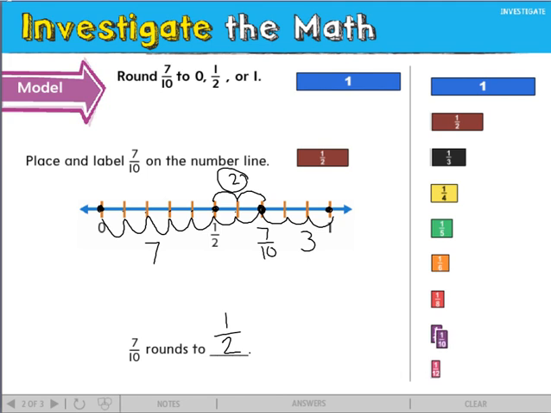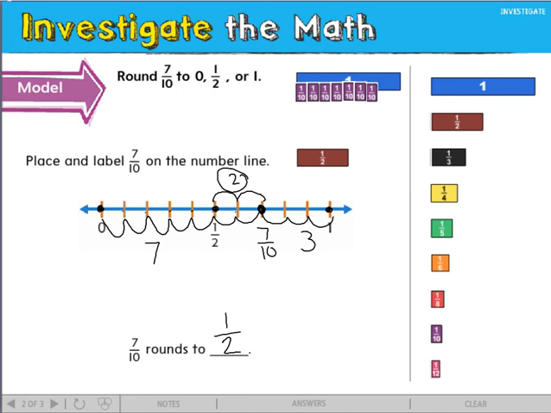And we can take our 10 tiles and bring them up here and say, okay, we're going to put 7/10 in here. Okay, so 1, 2, 3, 4, 5, 6, 7.